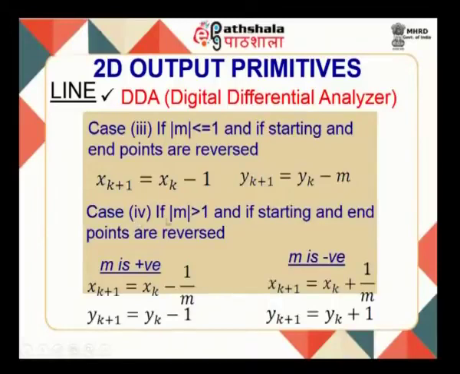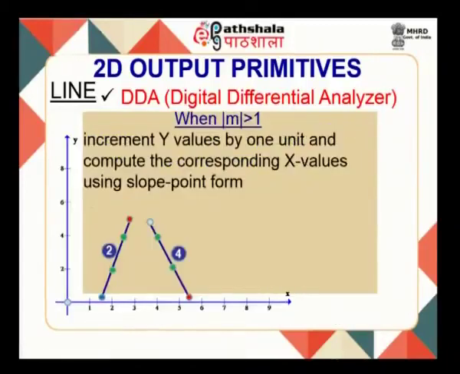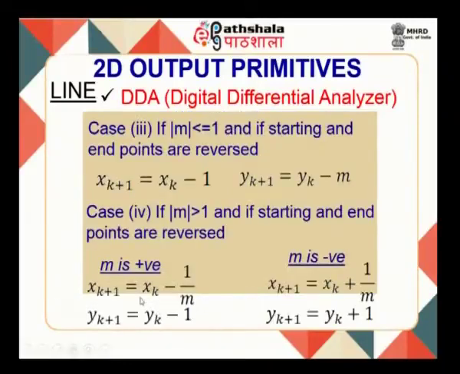And case 4, if mod m is greater than 1 and if starting and end points are reversed. Imagine line types 2 and 4, whose slopes are greater than 1. Now, these equations say that for the m positive case, because the end points are reversed, both x and y values get reduced, by 1 by m for x and 1 for y.